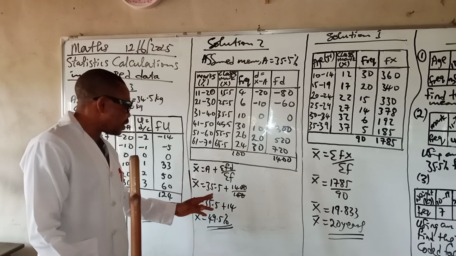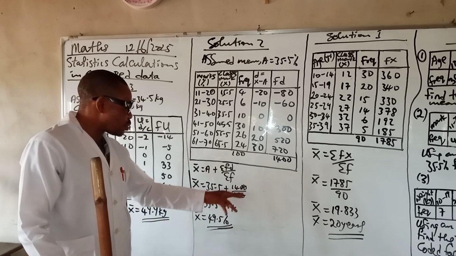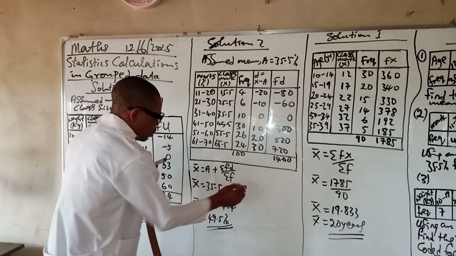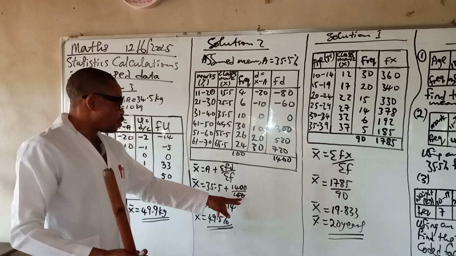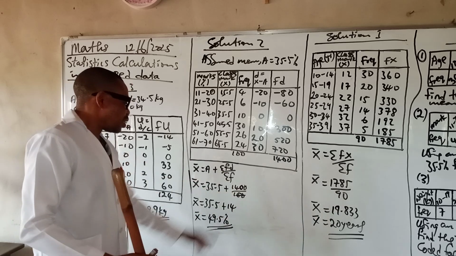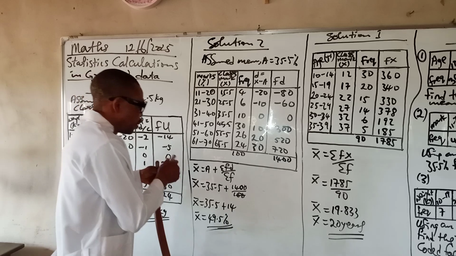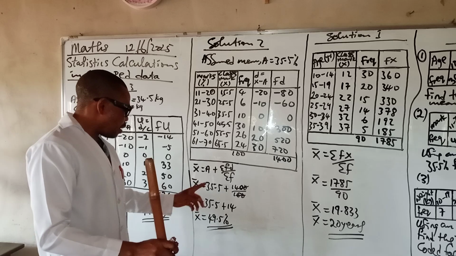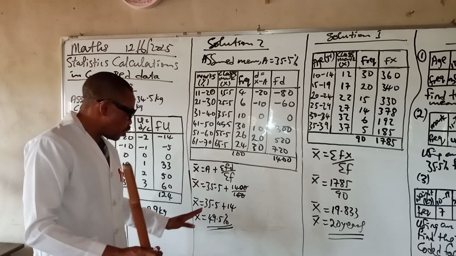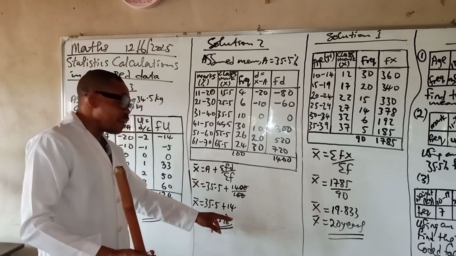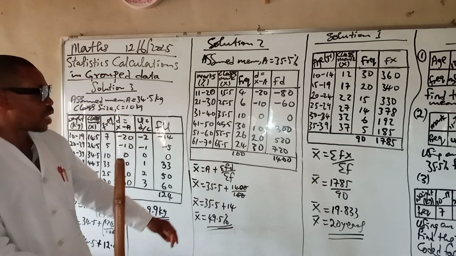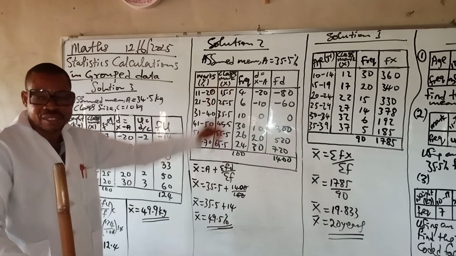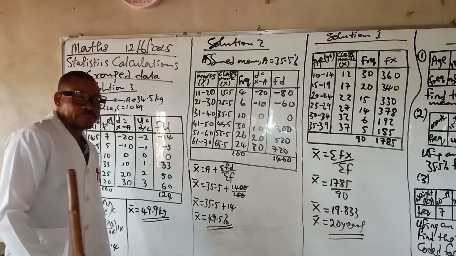When we do that, we have 35.5 plus 1,040 all over the total of frequency, which is 100. The 0 will cancel, double 0 here, remaining 14. We now have 35.5 plus 14, which gives us 49.5%. So that is how we arrive at the arithmetic mean marks of the students in this calculation.